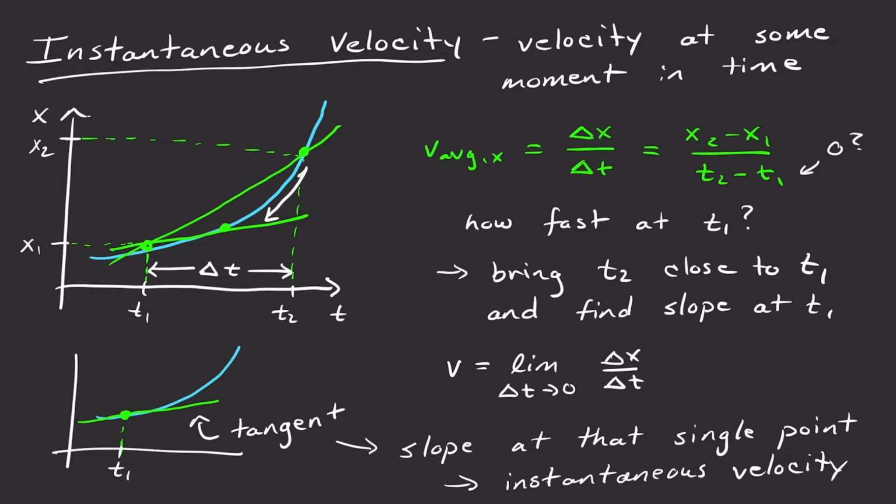Let's see if we can get a better grasp of it. Okay, so let's draw a position versus time graph that looks like what we just had. Okay, now I want to take a bunch of points. Not too many, not too close together. Okay, but I want to imagine drawing the slope at each one of these points.